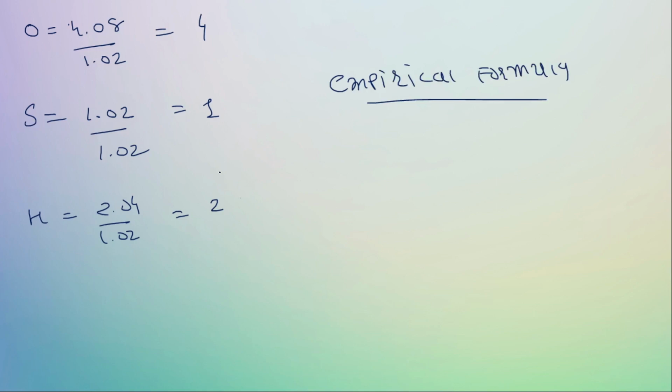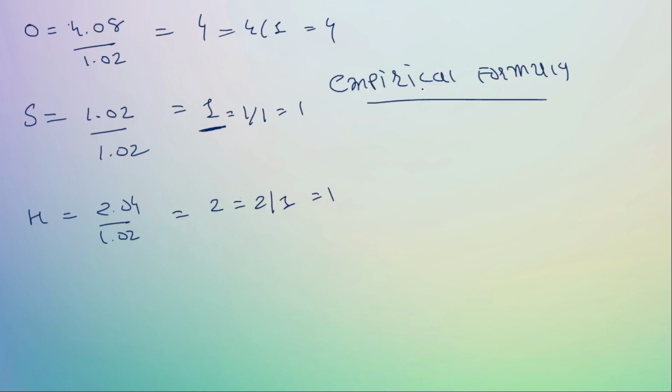Then for hydrogen, 2.04 by 1.02 equal to 2. You got simple numbers. These simple numbers will give you the idea of the empirical formula. How? Divide all these numbers with the least number 1. Means you will get the same numbers: 4 divided by 1 equal to 4, 1 divided by 1 equal to 1, and 2 divided by 1 equal to 2.